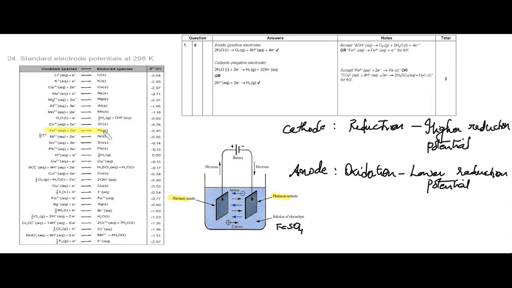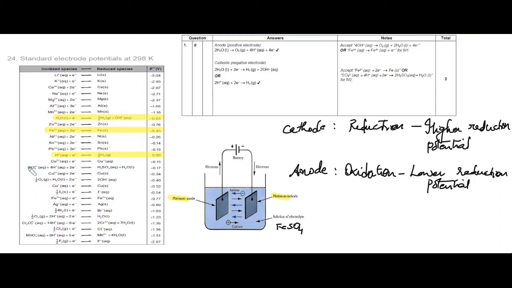Fe2+ can get converted to Fe. Its reduction potential value is -0.45. That is one reaction that can happen. Or water getting converted to H2 hydrogen gas and OH-, that can happen. Or H+ getting converted to hydrogen gas, this can happen.